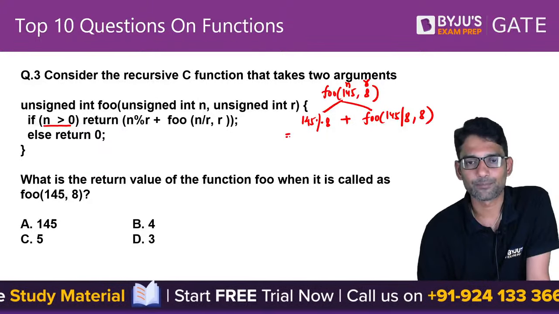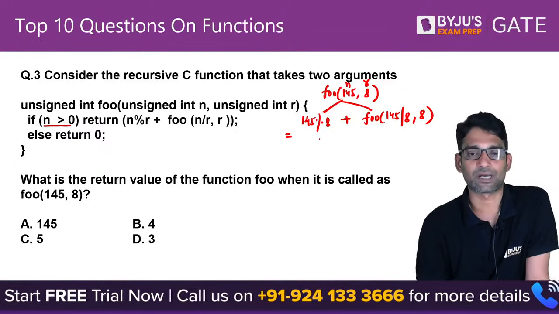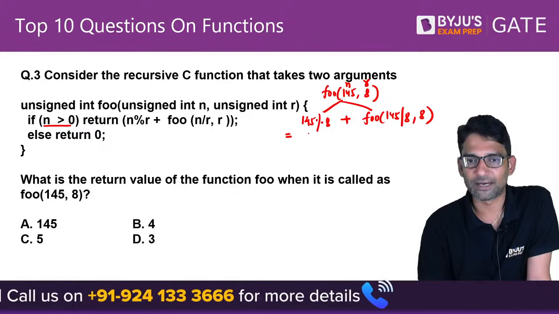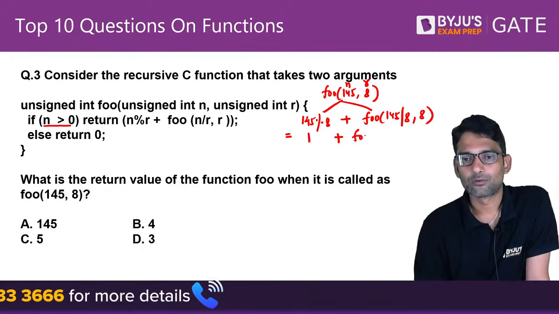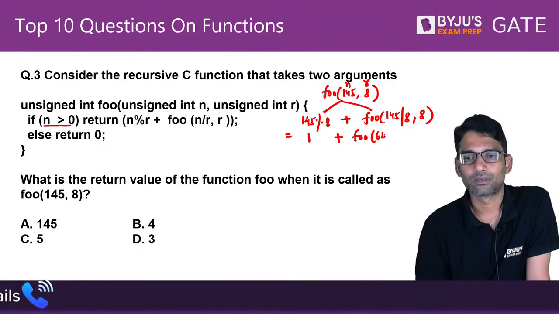That means 145 mod 8, remainder we have to extract. 8 ones are 8, 8 eights are 64, remainder would be 1, plus foo of 145 divided by 8.